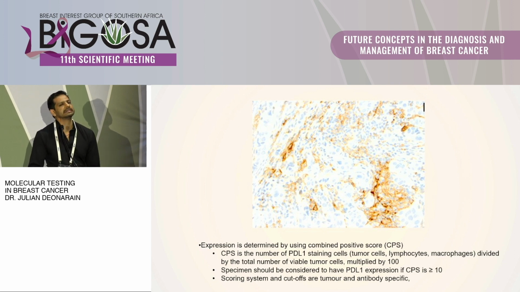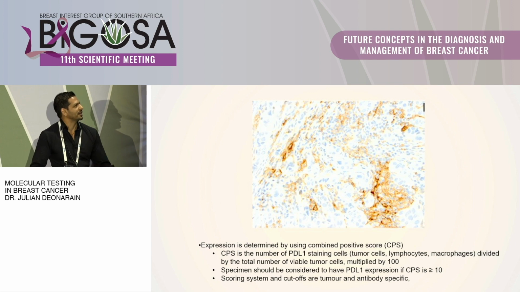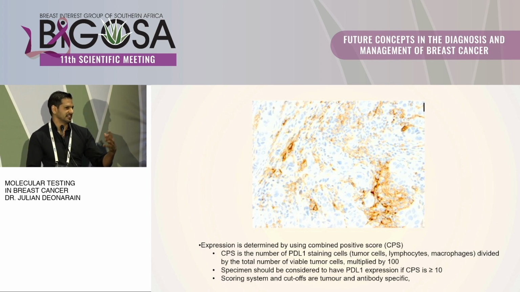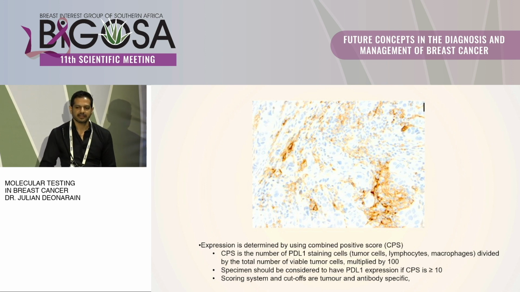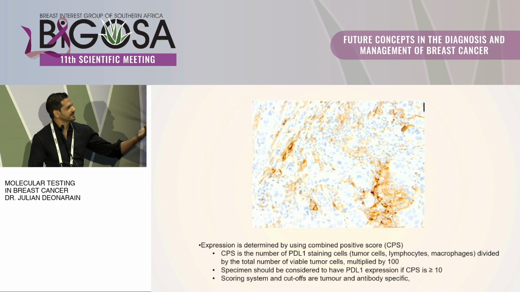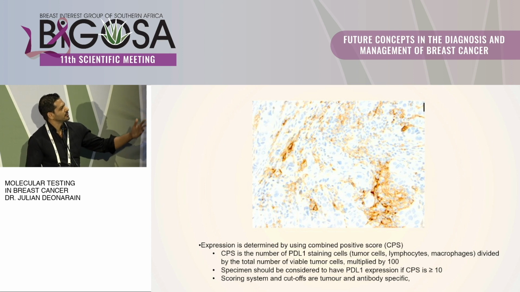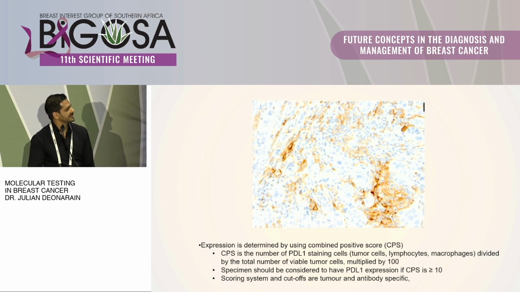Based on the clinical indications, and I'm not a medical oncologist, so I'm not going to go into the treatment side of this and the side effects and the indications, but we will get a request for testing for PD-L1, and we run immunohistochemical studies on it. This is an example of one of those tests. We look at protein expression, and the background blue staining are the nuclei of the cells.